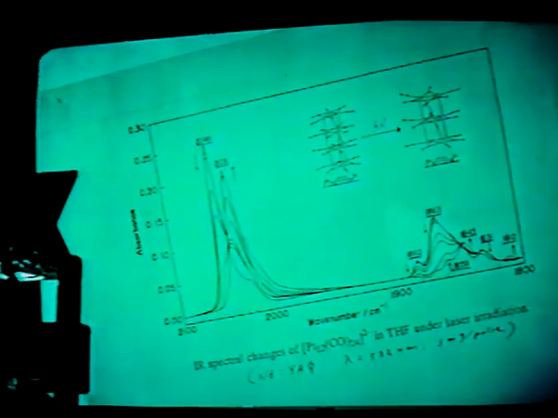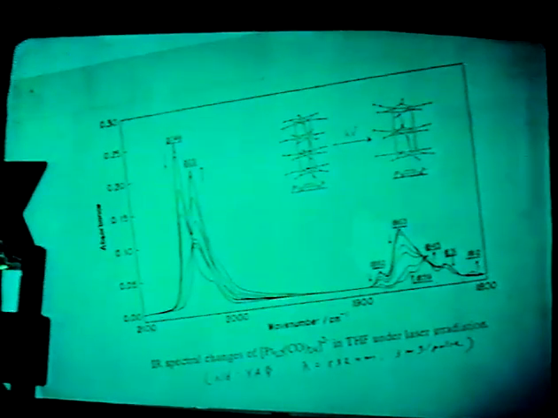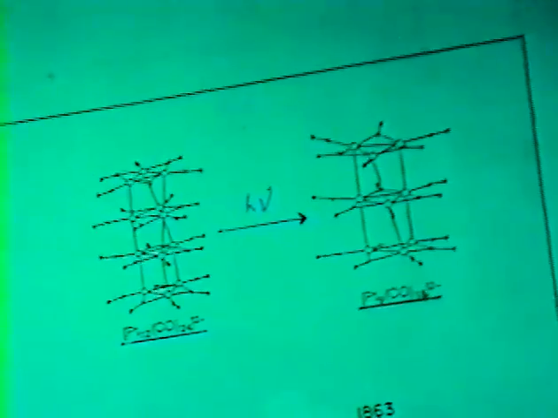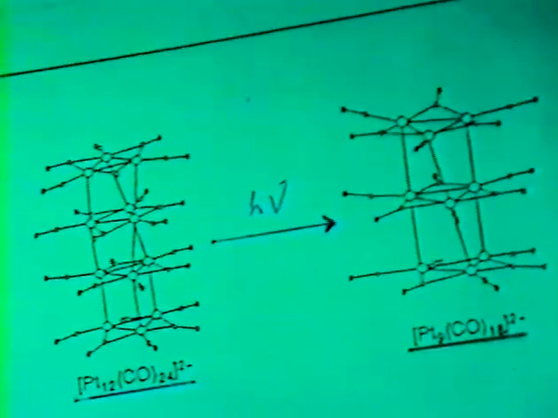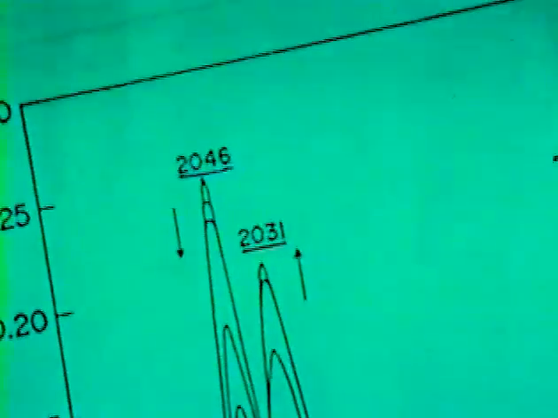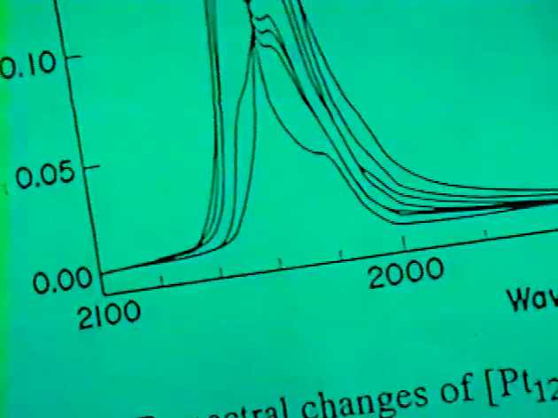Actually, we got additional data for illumination with a laser, yellow laser light of 532 nanometers. Very quickly it converts from the platinum 12 carbonyls to the platinum 9 carbonyls in the THF solution.